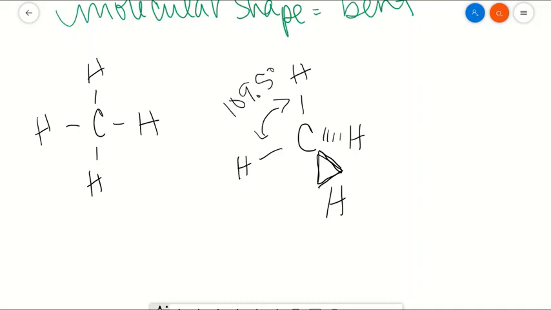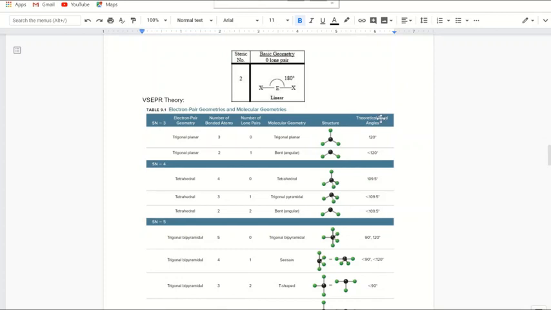So that's a little bit more of a three-dimensional drawing of what something that's tetrahedral will look like. And again, if you take a look at your handout here, you'll see this tetrahedral drawing here. So these are all of our steric number 4. This one has 0 lone pairs, and then if you have 1 lone pair, it's trigonal pyramidal or pyramidal. And then if you have 2 lone pairs for steric number 4, then you have a bent shape.